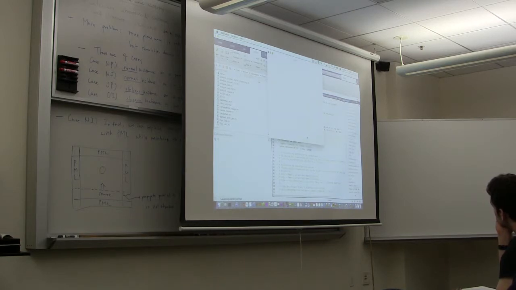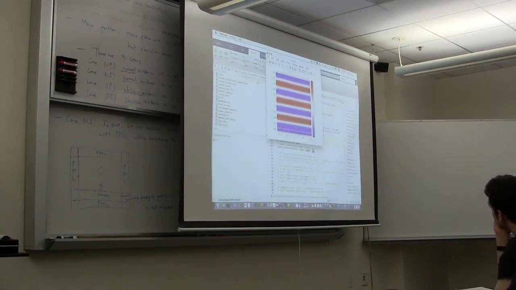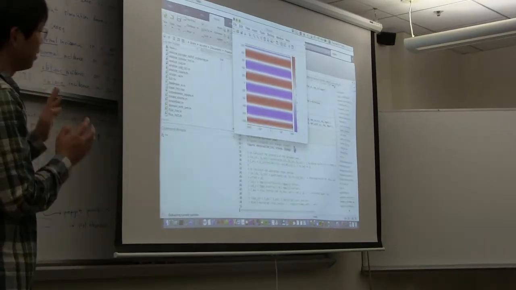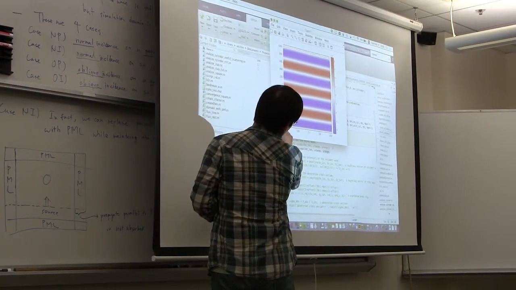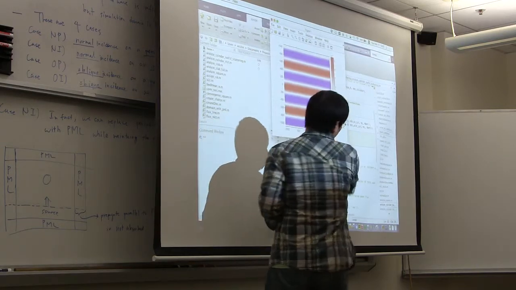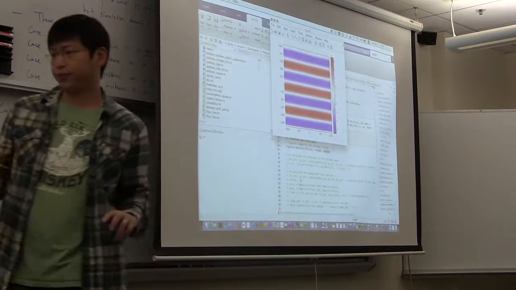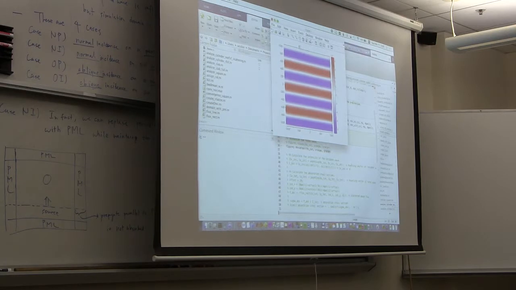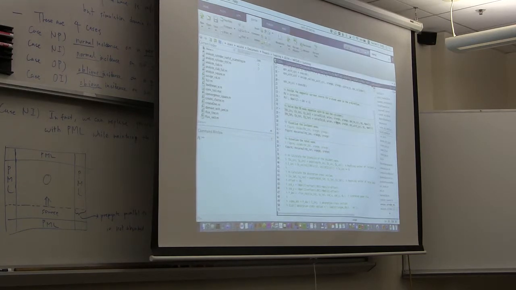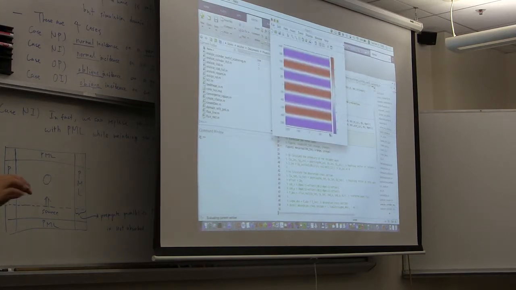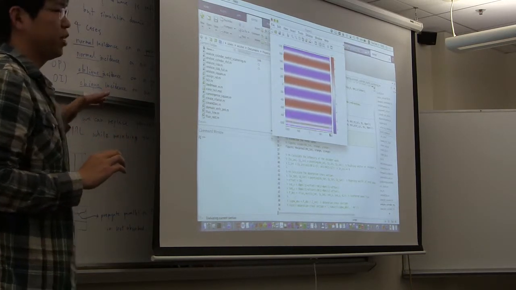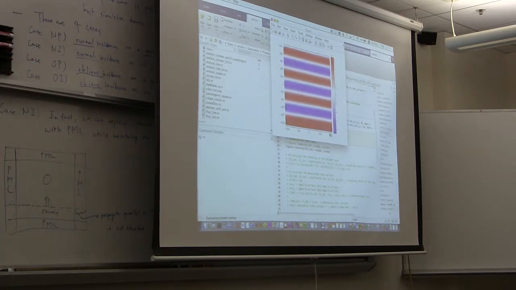So here, I actually put a PML. Before minus 1000 and after 1000 is actually PML. So let me simulate this again. You still maintain the plane wave, right?